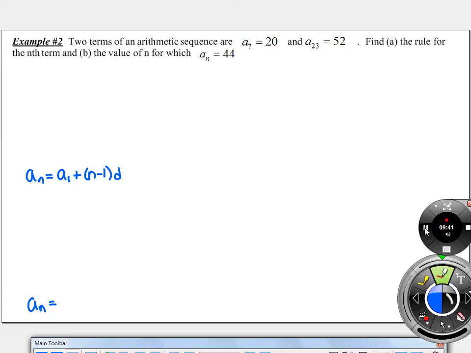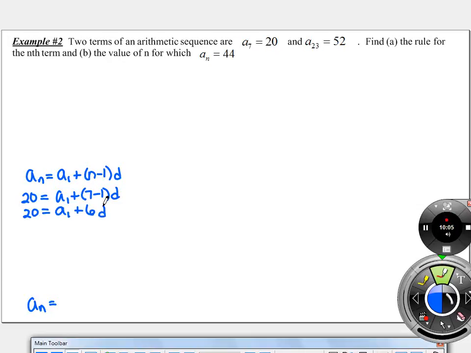Yeah. So I plugged in A7 for An, which would be 20, and then I got that down to 2 variables. Okay. 20 equals A1 plus 16.